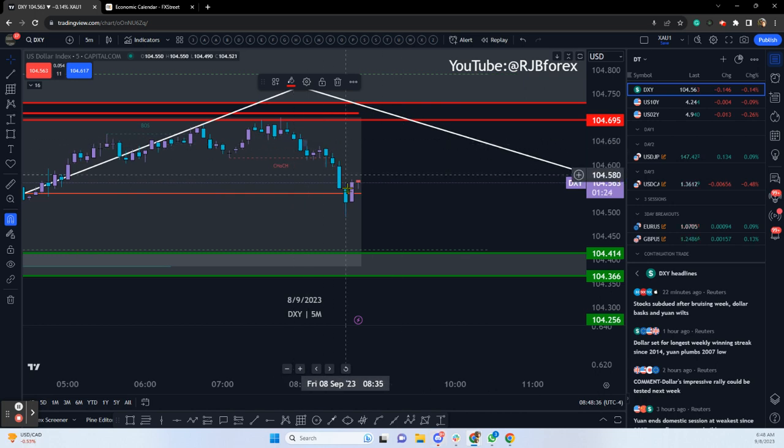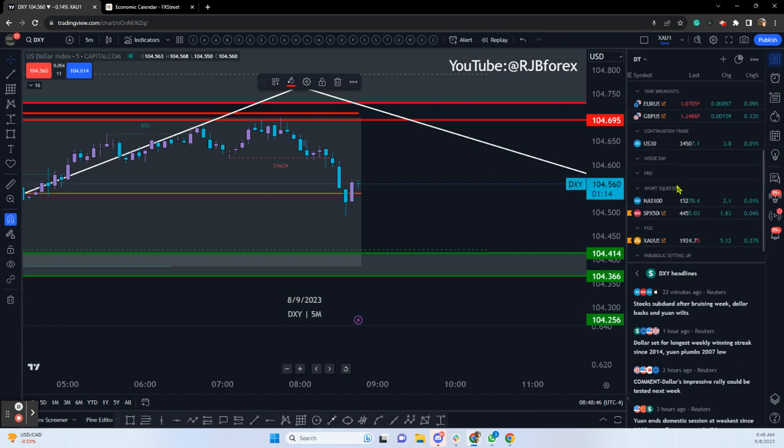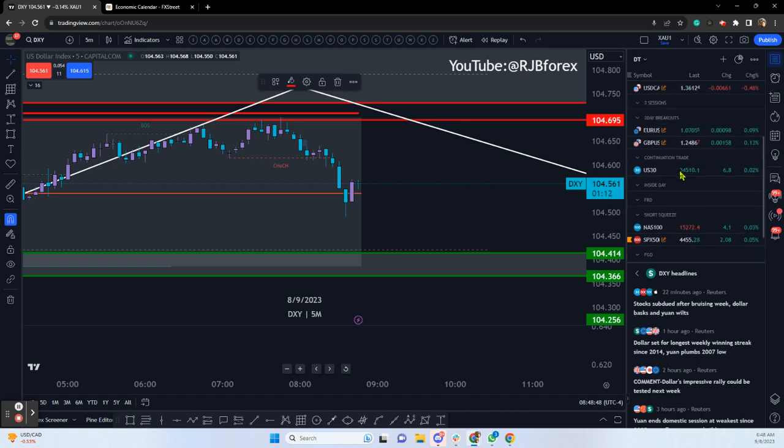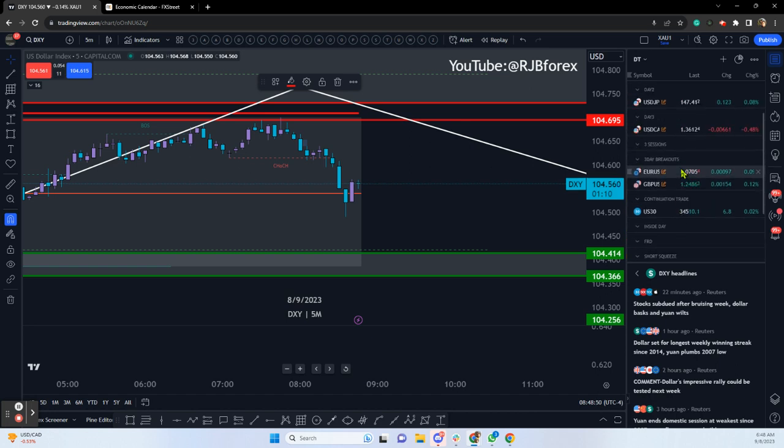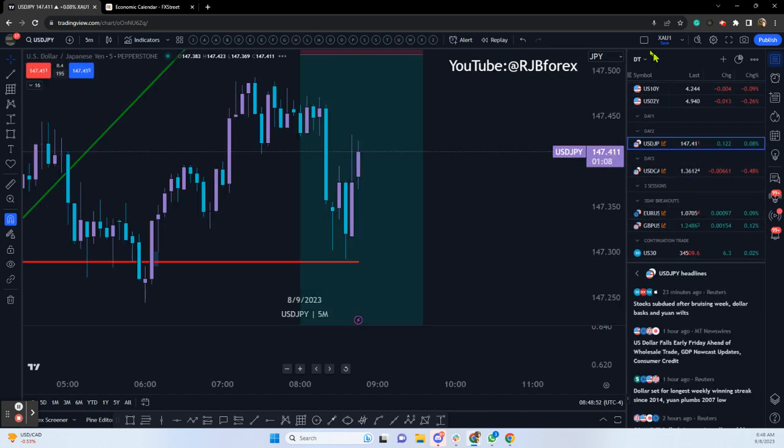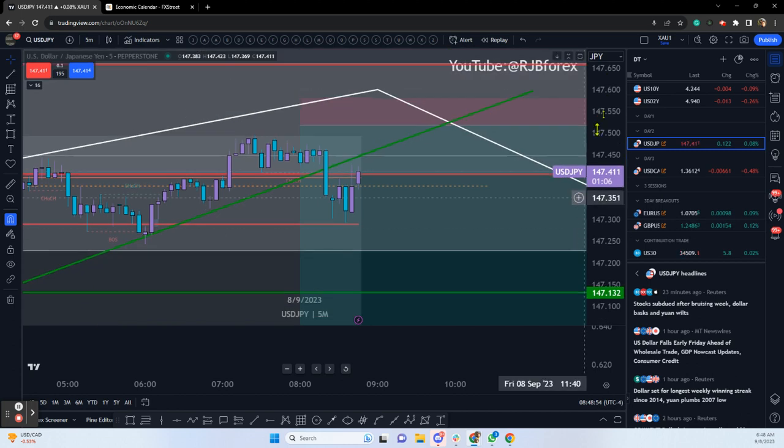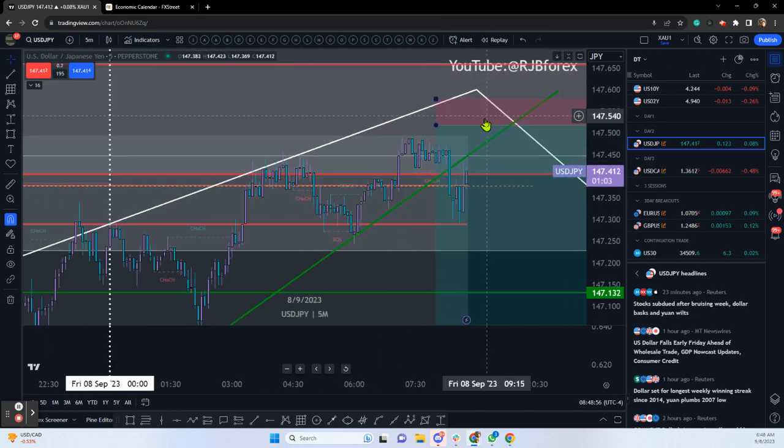So displacement, bullish correction, continuation to the downside. Dollar yen. Let's have a look at dollar yen.